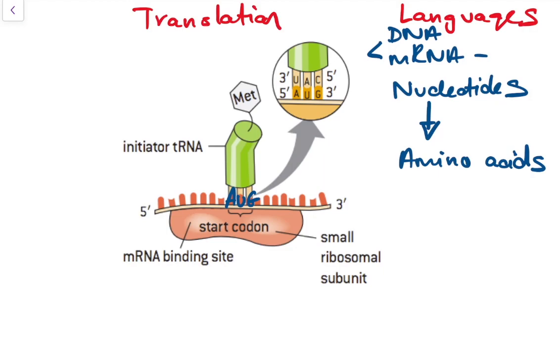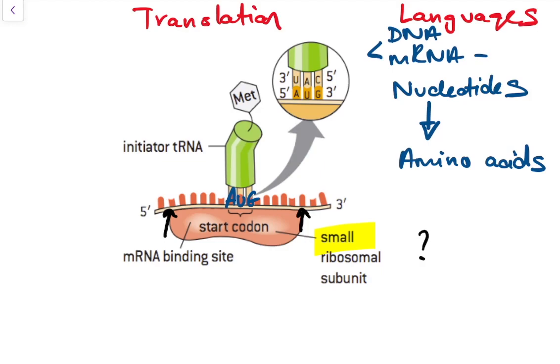Okay, so in step one, the small ribosomal subunit has come along and it binds to the mRNA. We can say it the other way around, that the mRNA attaches to the small ribosomal subunit. Why does it do that? Well, because of the start codon.